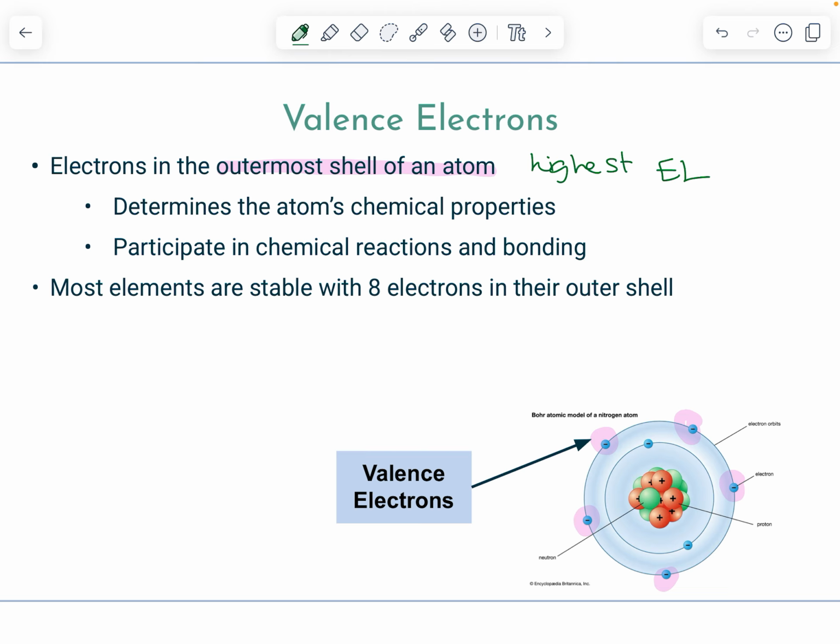And you should have labeled these on your periodic table, but we'll reference those now throughout our notes. So most elements are stable with 8 electrons in their outer shell or in that highest energy level. So that's going to be something that we focus on throughout these notes.